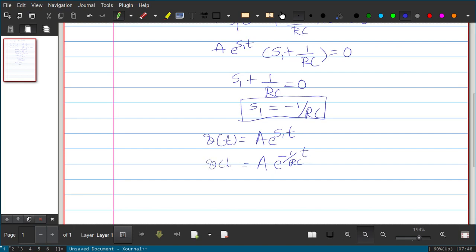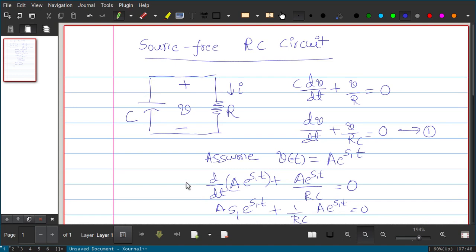We have to calculate this value A. One assumption, not mentioned here, is that V of 0 is V naught. How did we assume in the source free RL circuit? The initial current of the inductor is I naught. So here the initial voltage across the capacitor is V naught. It is charged to V naught. That is the assumption.